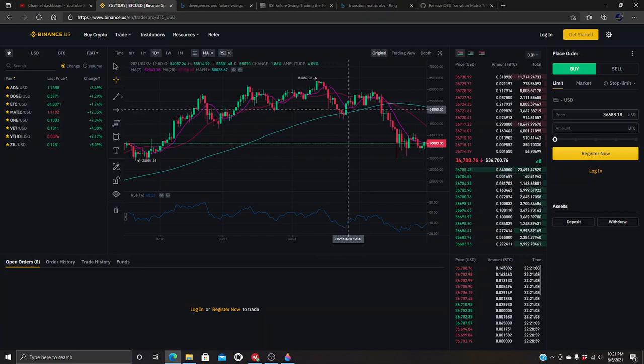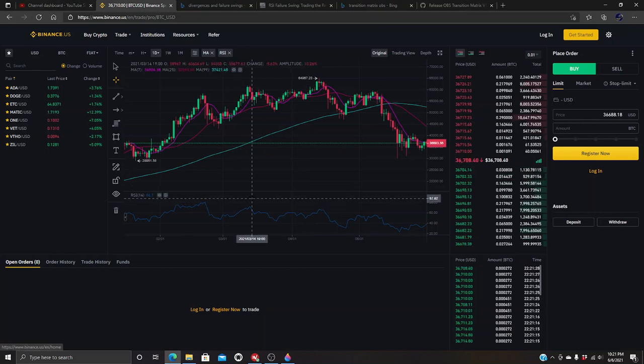You could time that in a way that you could buy, because the trend's about to reverse, right? Now you want to make sure that your trend does reverse before committing, but that comes with time and with actively trading it.